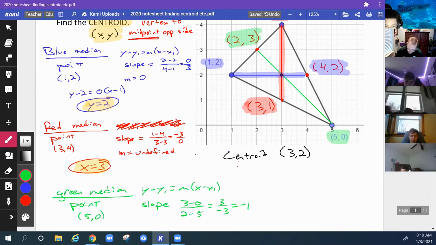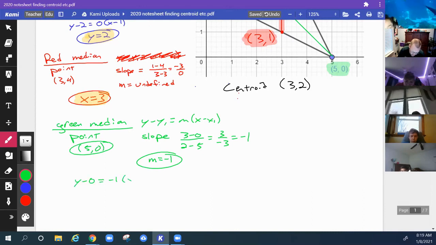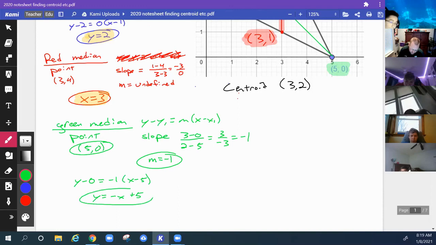Okay, I'm going to take a few things off screen. I have the slope equals negative 1, and then the point is 5, 0, so that's y minus 0 equals negative 1 times x minus 5, or y equals negative x plus 5. So this is the equation of the green median.